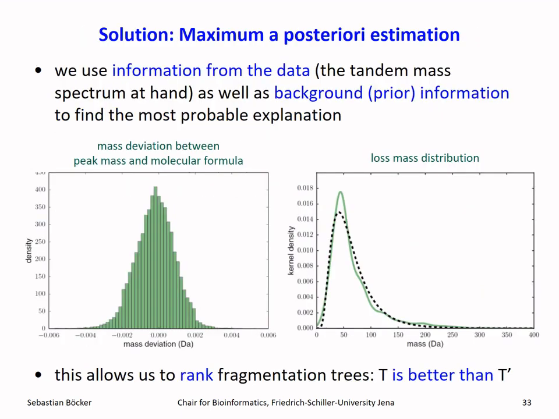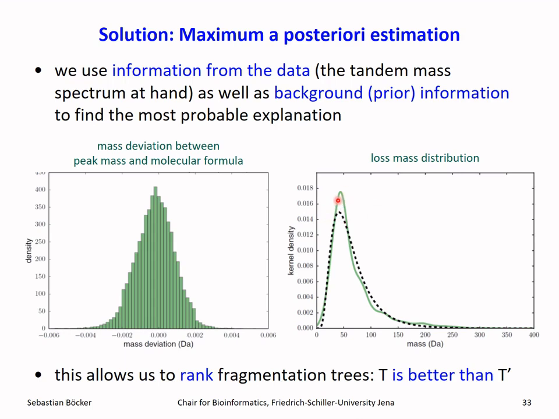And the solution that we use for that is again a super successful solution from statistics. It's called maximum a posteriori estimation. Sometimes you use maximum likelihood, which is very nice because you don't integrate any background information into your model. But here we need a little bit of background information, which is not part of the data. For example, we put in some information that there is a hotspot for losses.